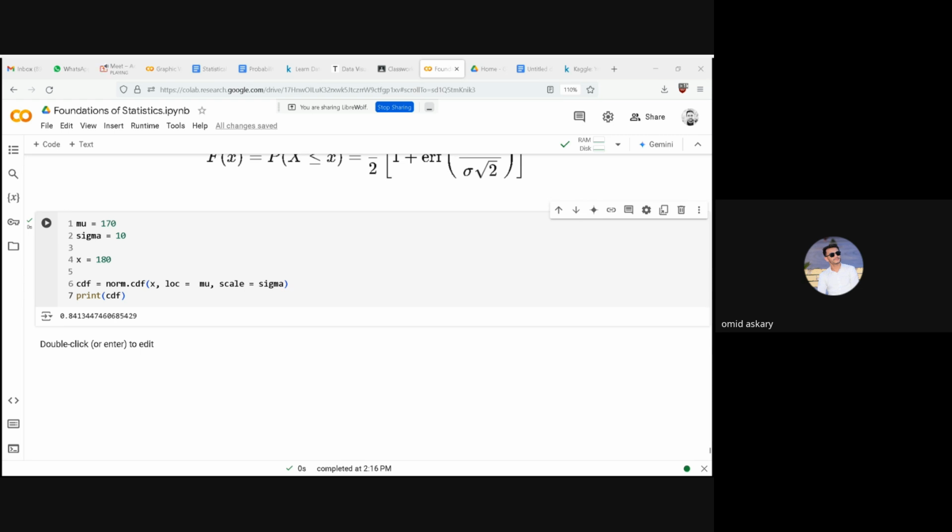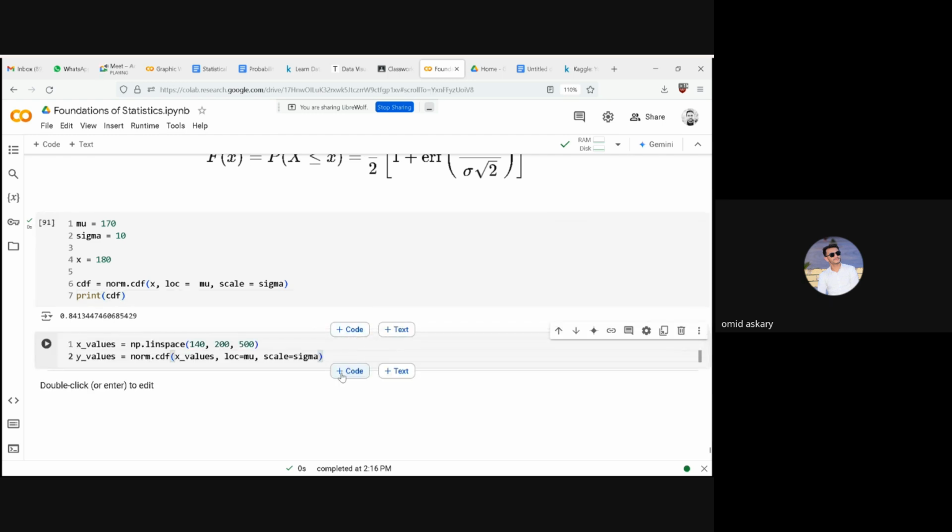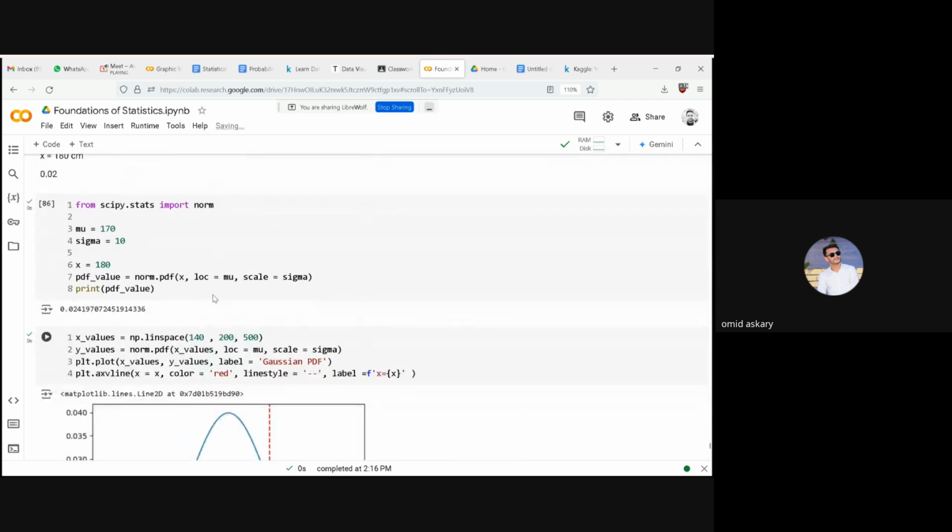And let's generate again the same values that we had generated previously, for example X and Y, and plot another value. Now let's plot this Gaussian value together with the whole thing that we did previously.